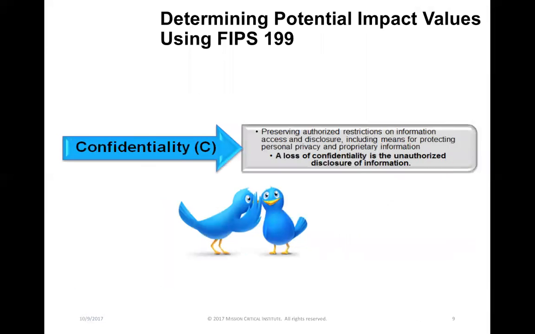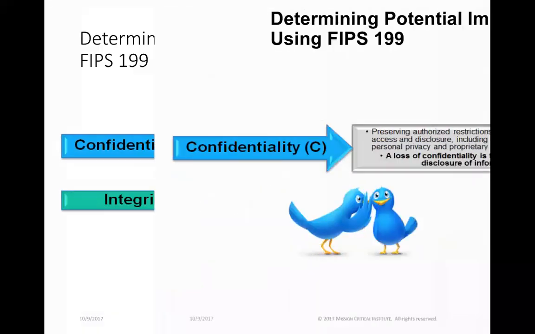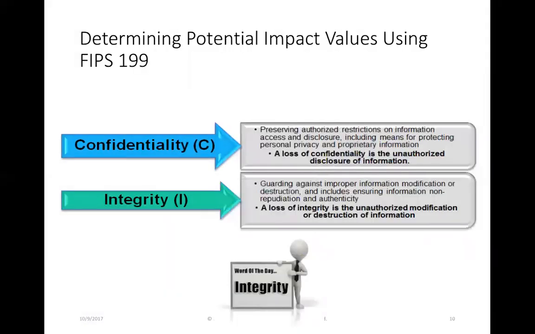Confidentiality is where you're preserving the restrictions on the information. Integrity is making sure the integrity of the information stays the same and that you can count on the fact that it hasn't been changed.